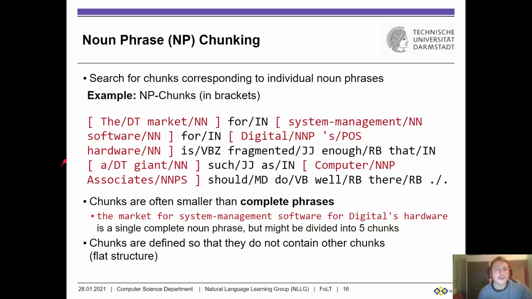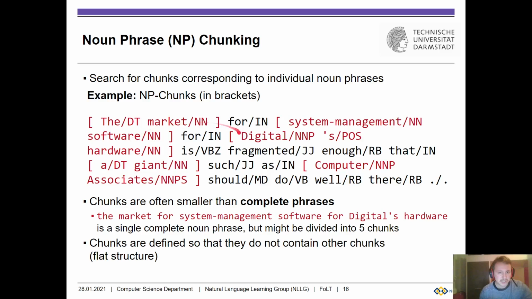So let's look at an example of noun phrase chunking. What we want to do here is we have this text, which I read out to you now: "The market for system management software for Digital's hardware is fragmented enough that a giant such as Computer Associates should do well there."